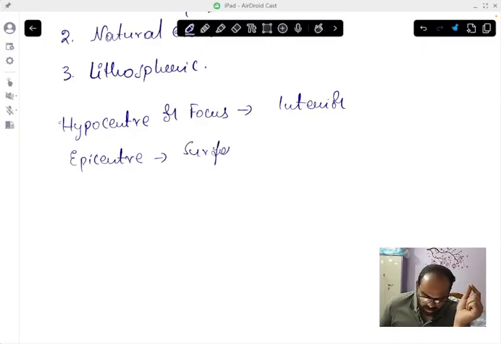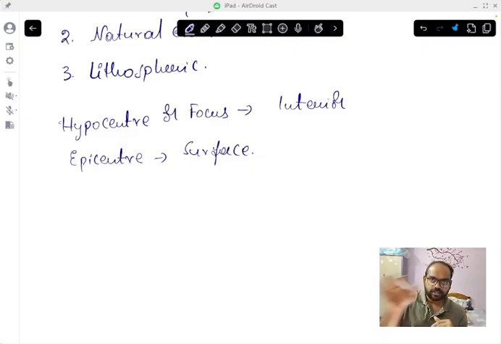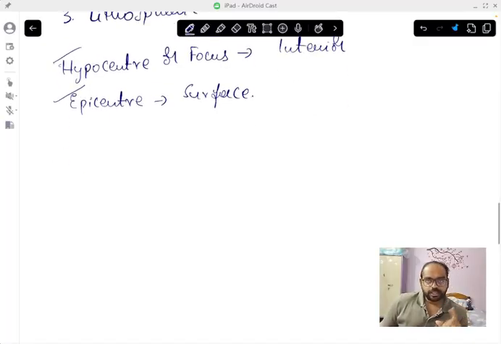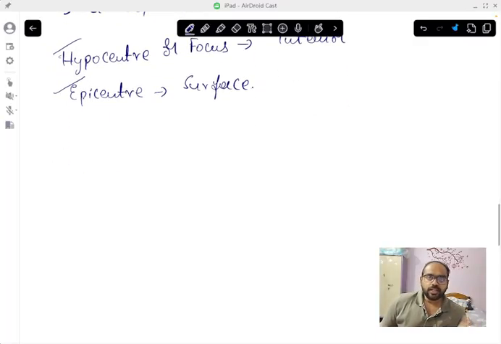From that epicenter, the waves travel on the surface of the earth and destroy the materials present in the way between. So the hypocenter is present in the interior of the earth, and the epicenter is present on the surface of the earth.